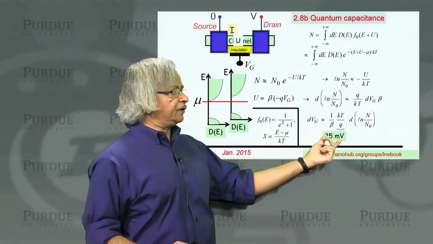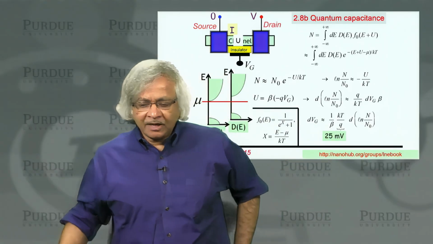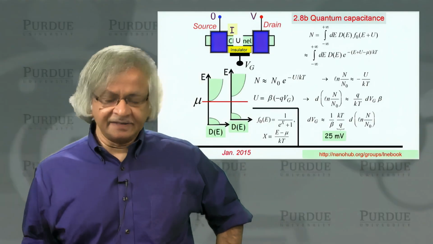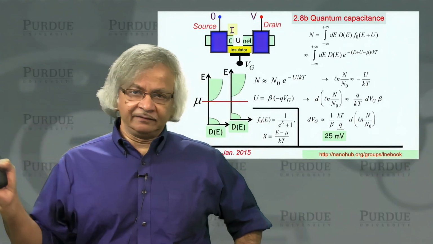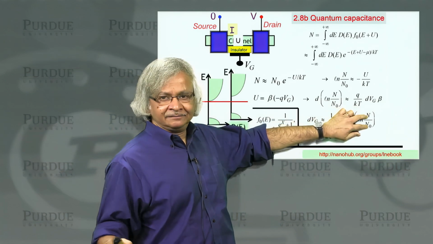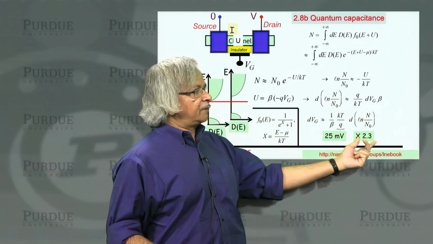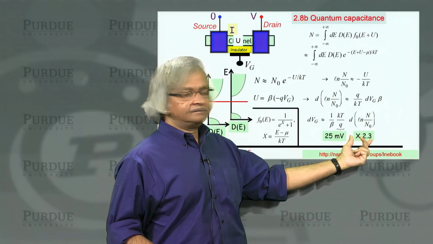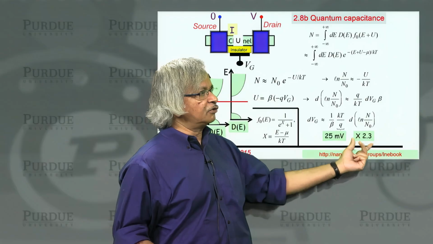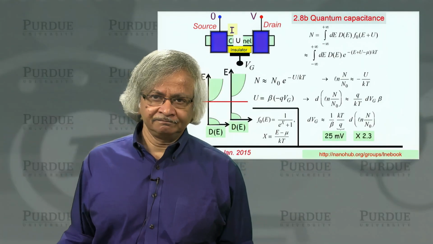So that's this quantity. Now supposing we want to know how much gate voltage is needed to change the electron density by a factor of 10, let's say. So we have n over n0 is 10. Now natural log of 10 is approximately 2.3. So in that case, the voltage you would need would be 25 millivolts times 2.3, which is approximately 60 millivolts.